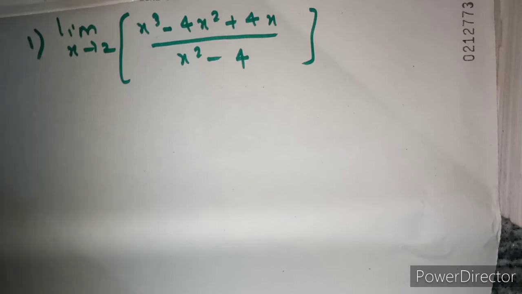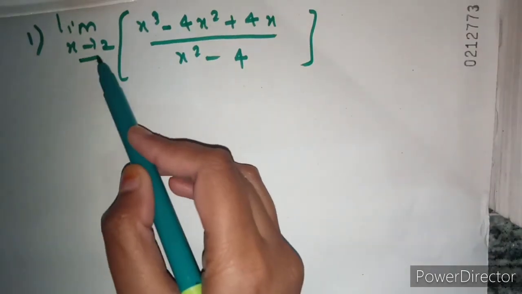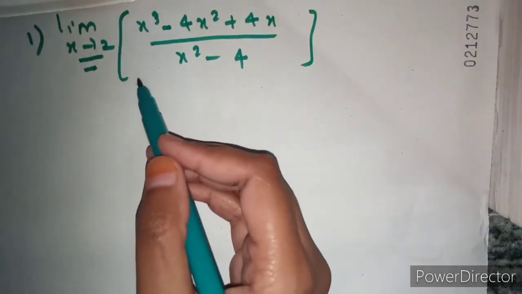Limit x tends to 2, x cube minus 4x square plus 4x upon x square minus 4, right? So here x is tending to 2, so in place of x we have to put 2.